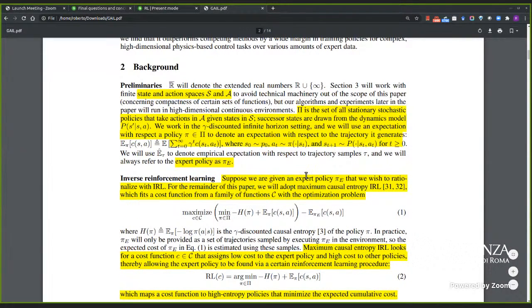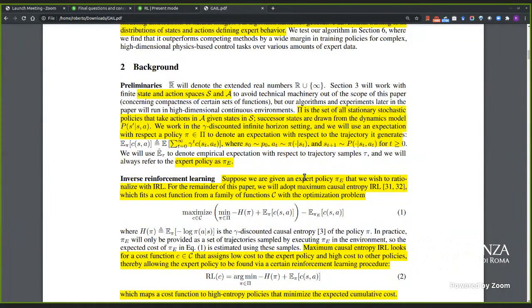Okay, so as usual in the papers, we have this background section where they provide information for the reader regarding what's the setting that we are in. So as usual, the formalization is that of having state and action spaces S and A. And here they characterize capital Pi as the set of all stationary stochastic policies that take action in A given states in S. Then there are successor states that are drawn from the dynamics model.